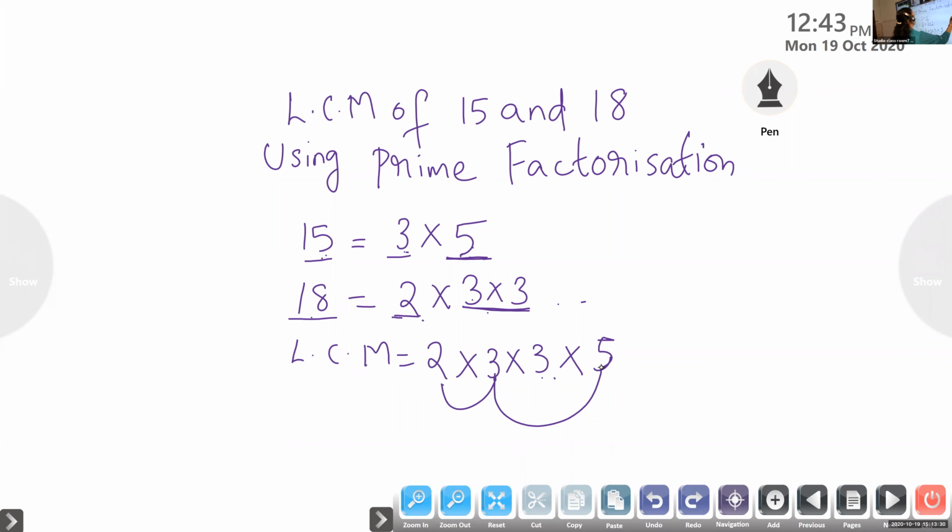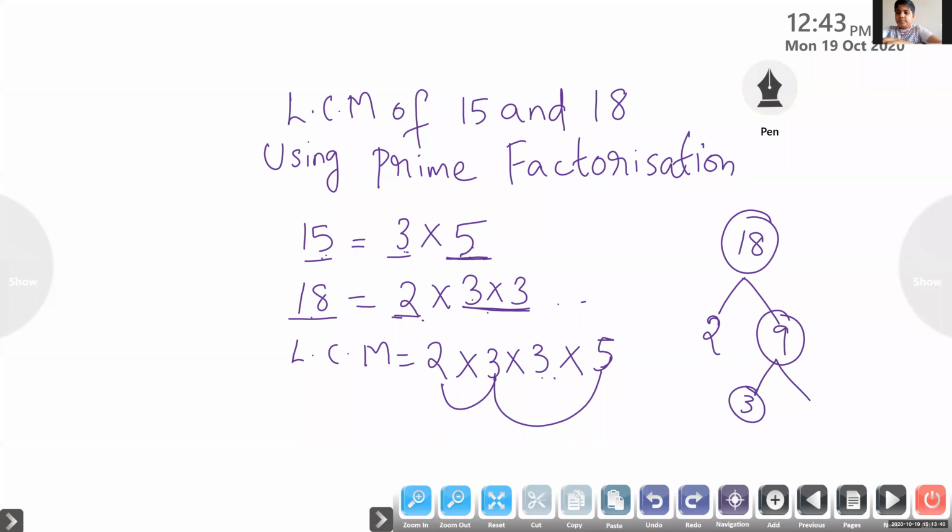Yes. We can take 18, 9 into 2, 2 into 9. Now 9 how we will do again? 3 into 3. So 2 into 3 into 3. Again we will get the same. Okay, children, 6 into 3 also, 2 into 9 also. You can take like that.